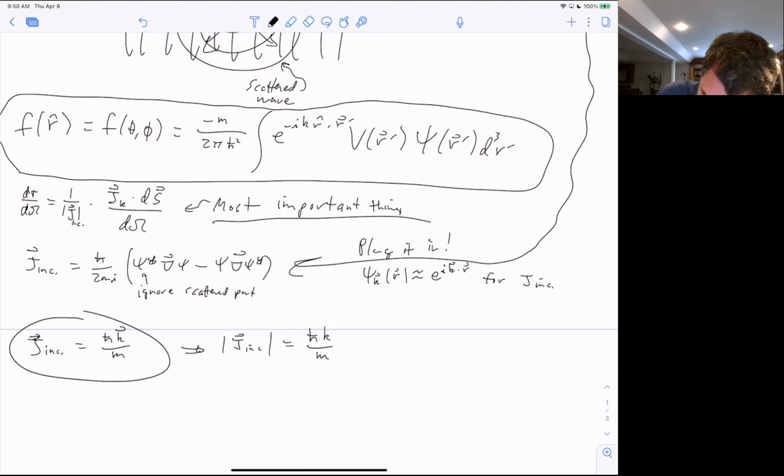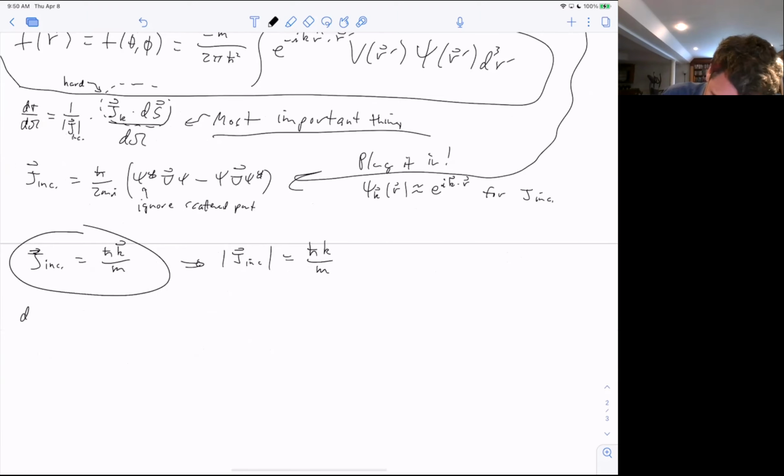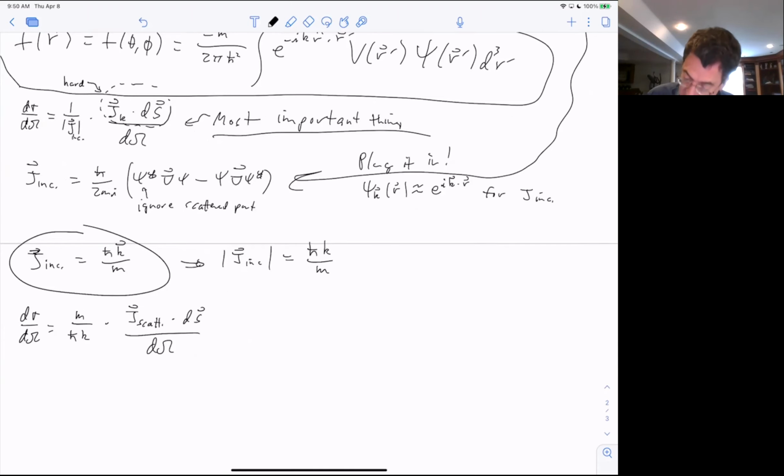This is the hard part. So let's do it. This j is the scattered j. So now we see that d sigma d omega is equal to m over h bar k times j, the scattered j into the detector, dotted with dS of the detector, divided by d omega of the detector.